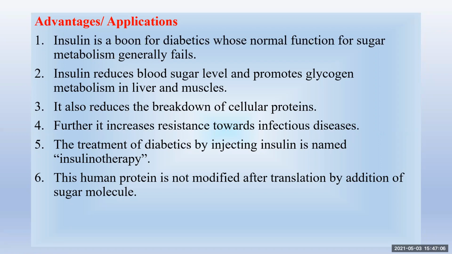The treatment of diabetes by injecting insulin is called insulinotherapy, and for that we need insulin. Human protein is not modified after translation by addition of sugar molecules. Okay, so this is how genetic engineering or recombinant DNA technology can be used for production of human insulin. Okay, so that is all about insulin production.